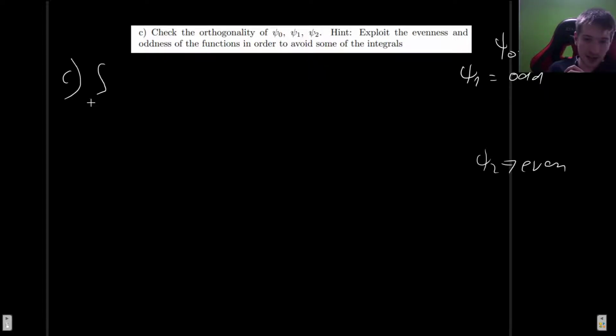What there still is that we must check is the orthogonality of psi0 and psi2, because both of these are even functions. So their product is going to be even, which will not be 0 in this interval. At least not necessarily, not just because they are even. It might be some lucky coincidence, but it's not necessarily that.